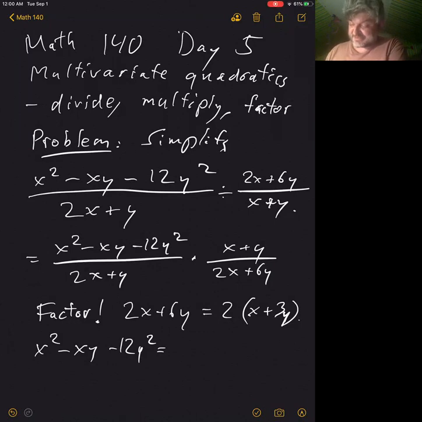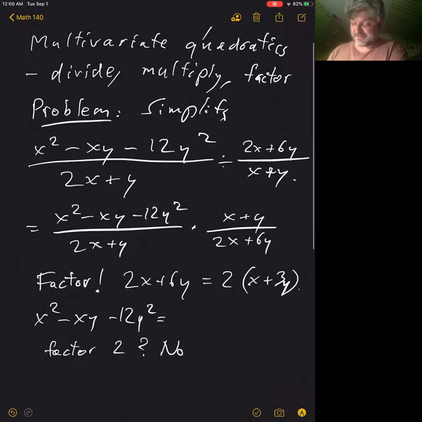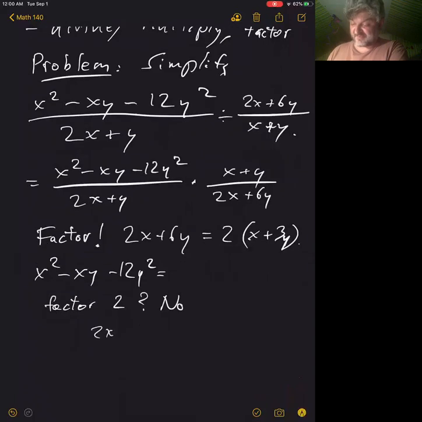And okay, there's no factor 2 in this polynomial that we can pull out without getting fractions, and we don't want that. That's not simplifying. So 2 is out. Factor 2x plus y, also out, just because of the leading coefficient 2 in front of the x here.